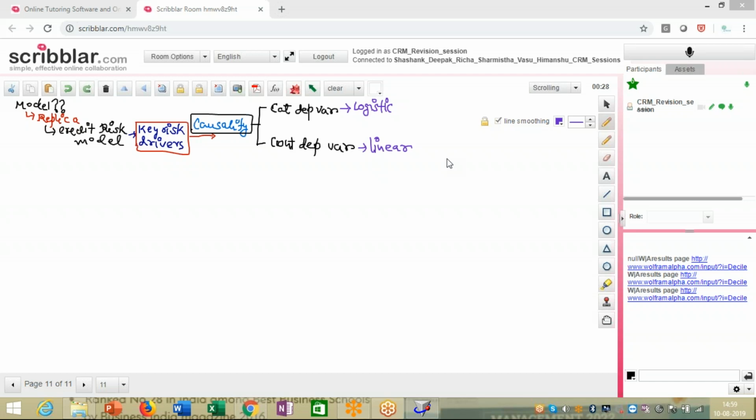And why is it so? Because you are trying to predict the average behavior of the dependent variable basis the average prevalent behavior of the variable in the past. And how are you predicting them? You are trying to identify the most important factors which would explain the movement of the dependent variable. So the behavior of the variable should also not be changing very much.